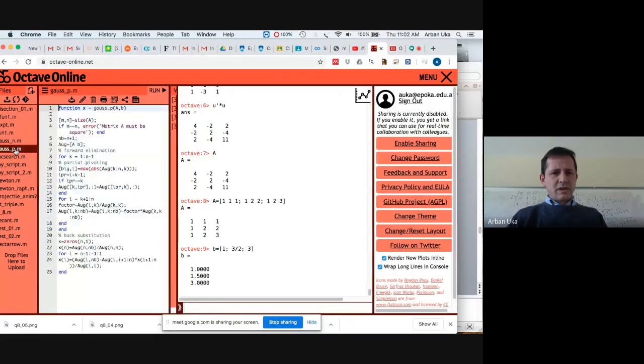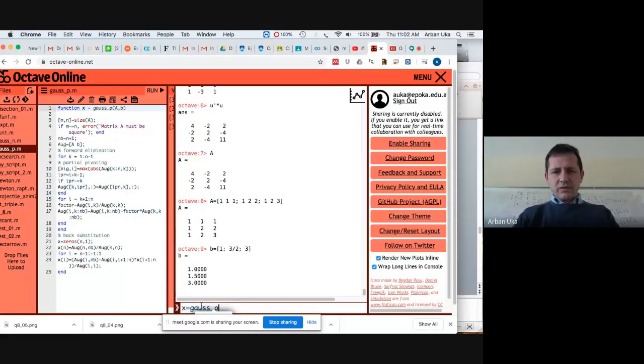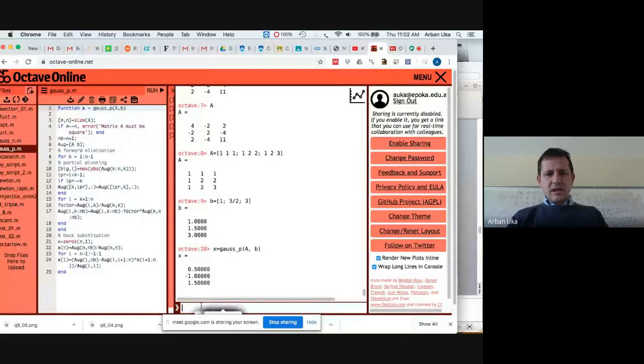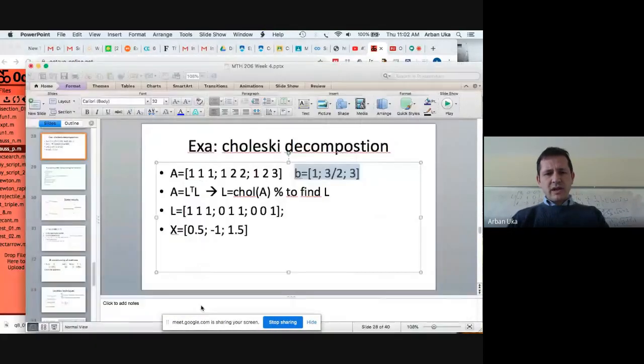What is this? X is equal to Gauss(A,B). So let's say the answer is equal to pivot Gauss using the inputs A and B. It looks like the answer is a half, minus 1, and 3/2.